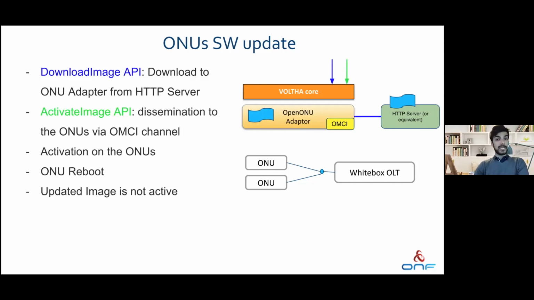What this does is that it takes the image that we previously downloaded from the HTTP server, breaks it into chunks, and sends it through OMCI data packets through the OLT onto the PON to the ONU. This API automatically downloads, activates, and commits the image on the ONU.